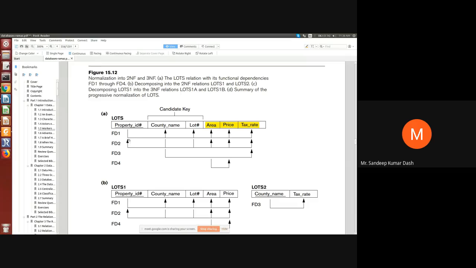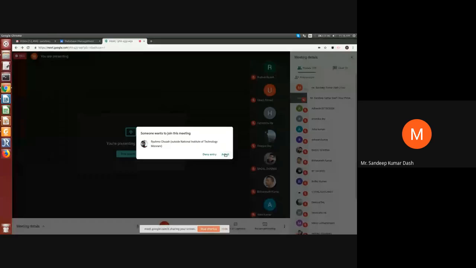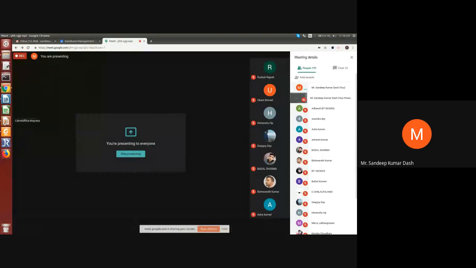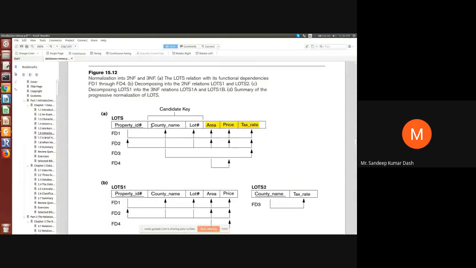This is the Y side. So property ID is a prime attribute. If it is dependent fully or partially, that doesn't matter.